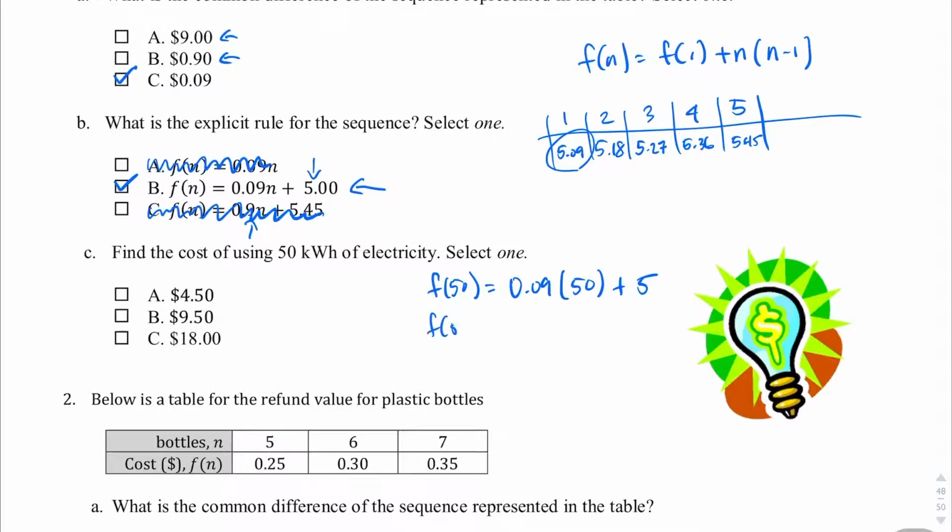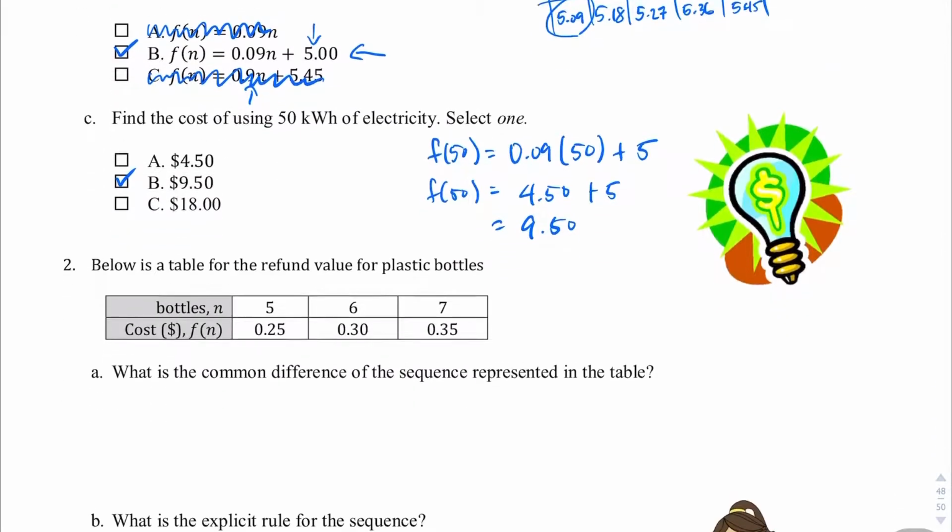The f of 50 is going to be 0.09 times 50, which gives us 4.50. And then plus 5, and 4.50 plus 5 ends up being 9.50, which is choice B right there.